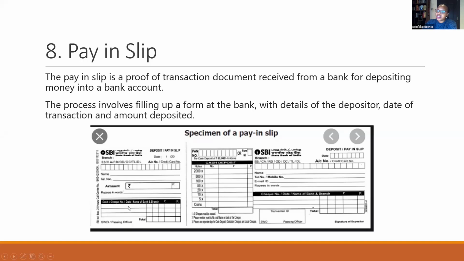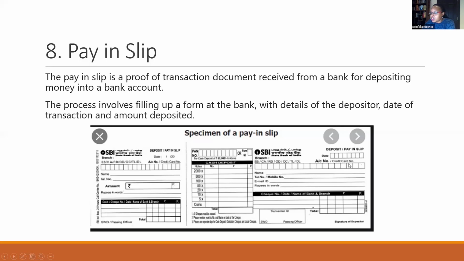So you will put here probably 50,000 notes. There are 5, so it is 50,000 times 5. How much is 50,000 times 5? 250,000, being the total here. And then you fill in the same thing, the account number, the denominations here, you put the date.